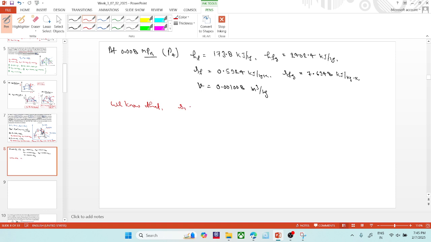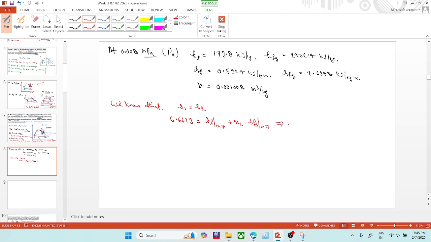We know that S1 would be equal to S2. S1 value we are having 6.6613. That would be equal to SF at 0.7 megapascal pressure plus X2 into SFG at 0.7 megapascal pressure.